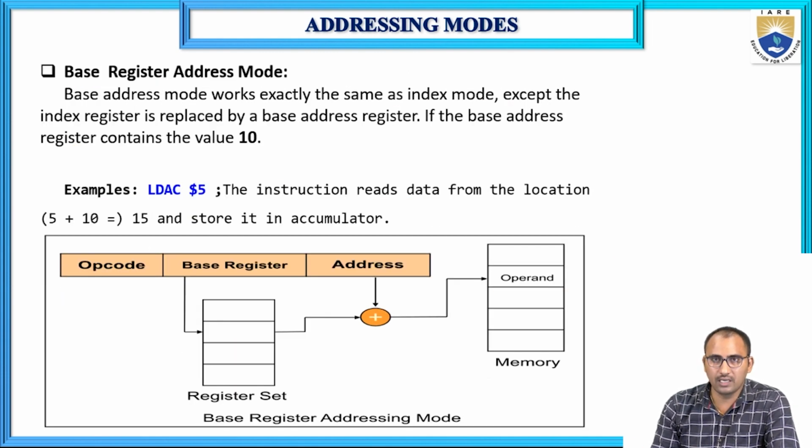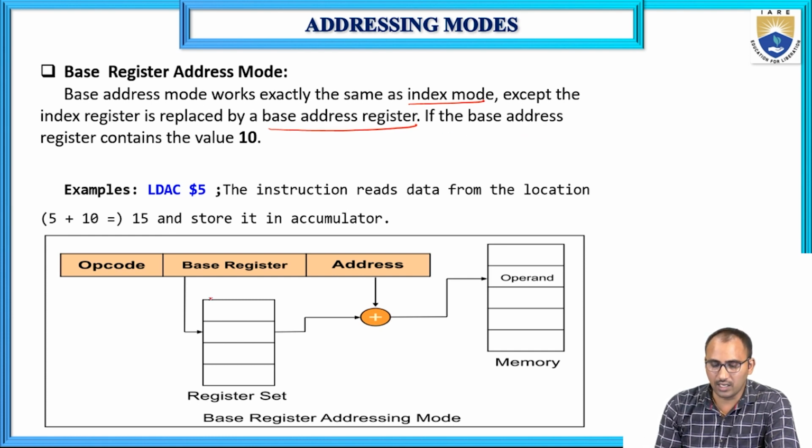And the next one is the base register addressing mode. This base register addressing mode is exactly the same as index mode, except the index register is replaced by the base address register. So this is similar to the previous one, the index addressing mode; the only difference is that instead of the index register, here we are using a base address register. The remaining is the same.